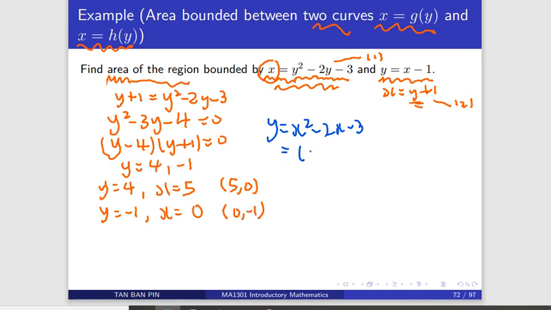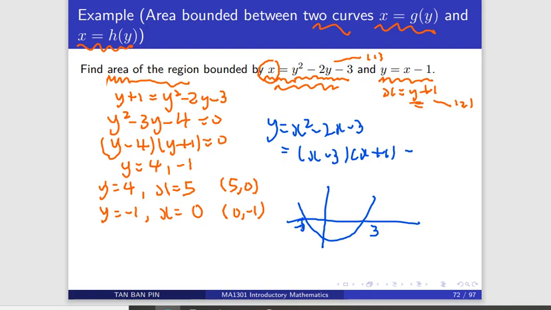This is the same as (x minus 3)(x plus 1). If you set this to 0, you get x is 3 and minus 1. So if you draw this graph, it should cut at minus 1 and 3.